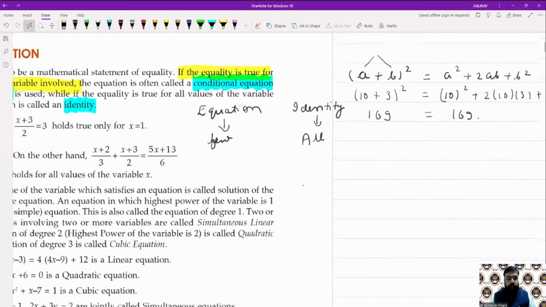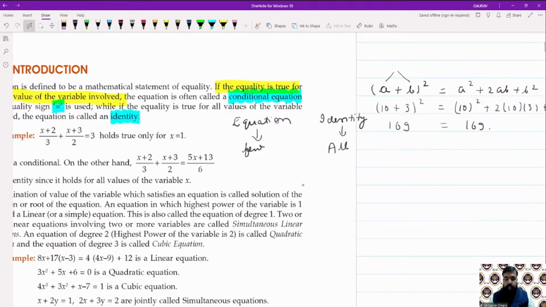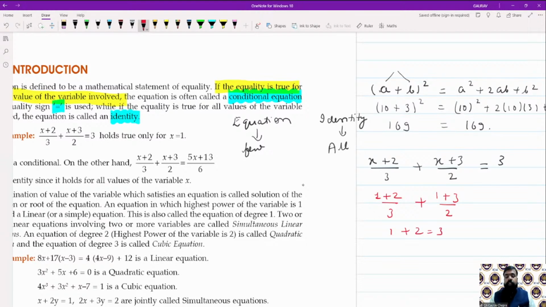Whereas if we talk about (x plus 2) by 3 plus (x plus 3) by 2 is equal to 3, what is the value of x? If we input 1 in place of x, we get 1 plus 2, that is 3.